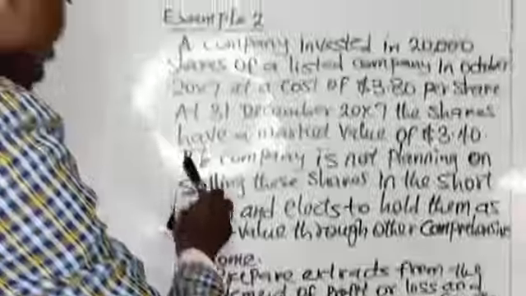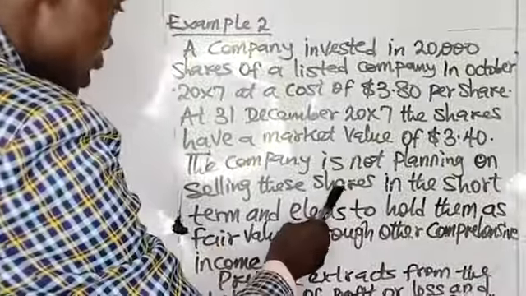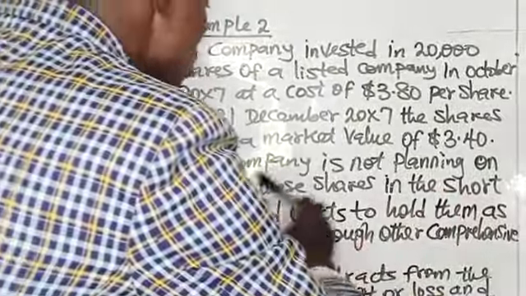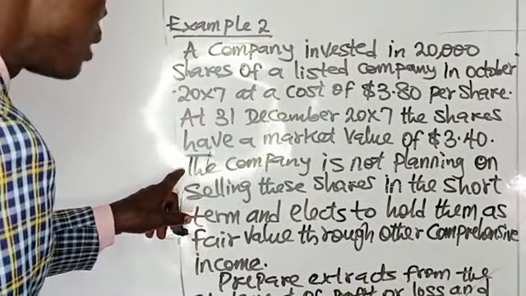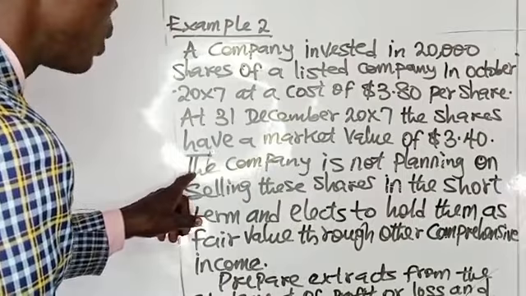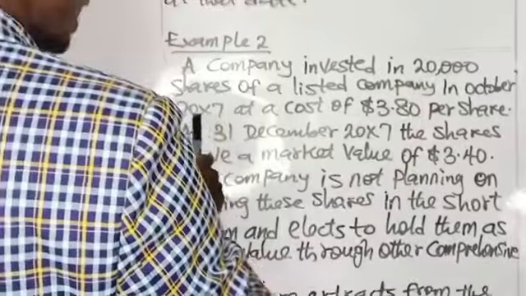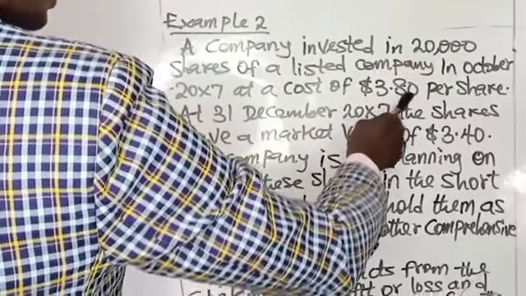See this clause, the company is not planning on selling these shares in the short term. So you should know that the investment will be held to maturity. It will be held at fair value through other comprehensive income. The date of acquisition is October 2007.